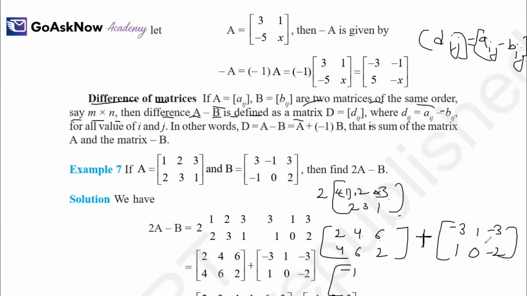Then 4 plus 1 is 5. 6 minus 3 is 3. Then 4 plus 1 is 5, 6 plus 0 is 6, and 2 plus minus 2 is 0. So your final matrix is [minus 1, 5, 3; 5, 6, 0].